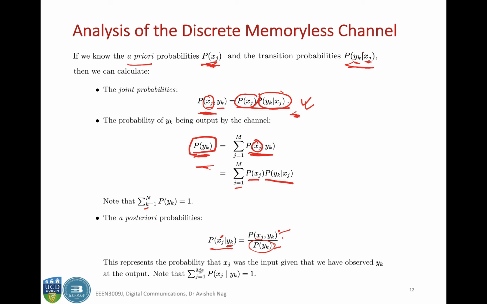This represents the probability that xj was the input given that we have observed yk at the output. This is the a posteriori probability.